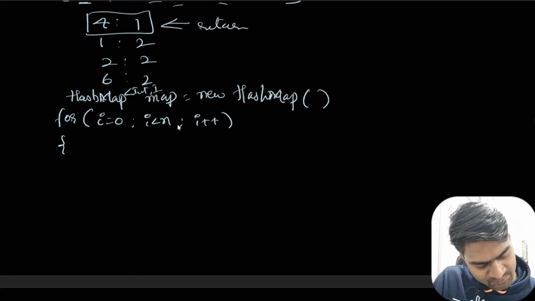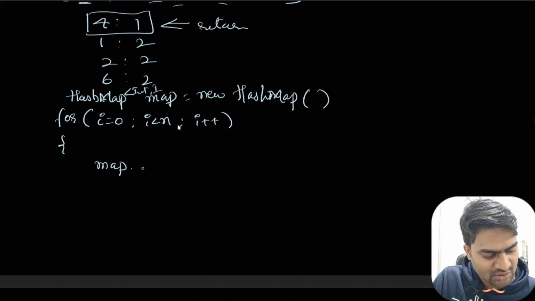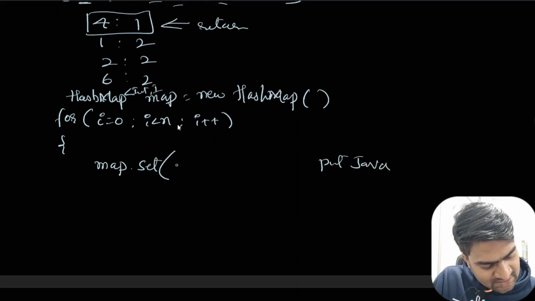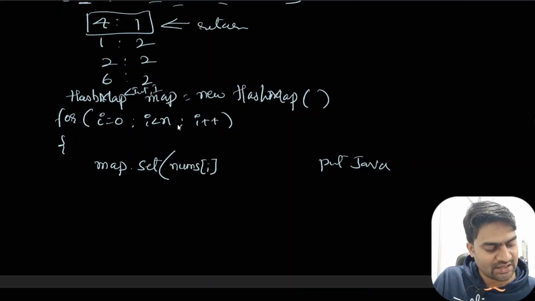Now I will simply count, that is map dot set in JavaScript and put in Java. I will use nums of i as my key.